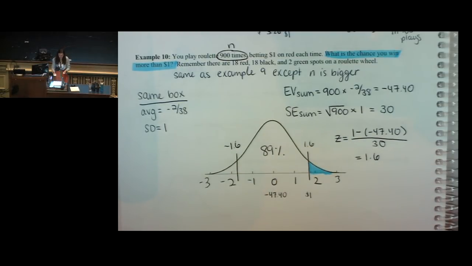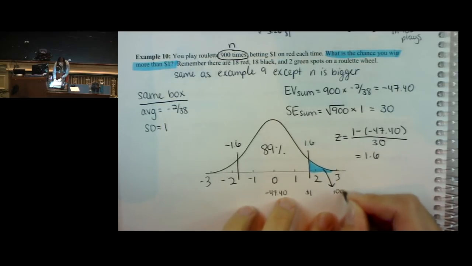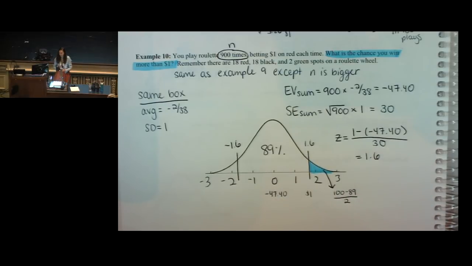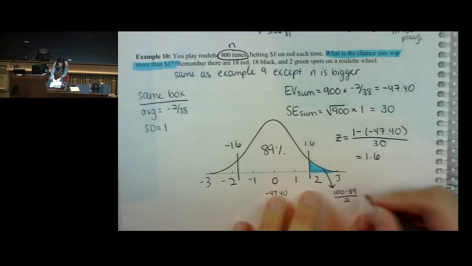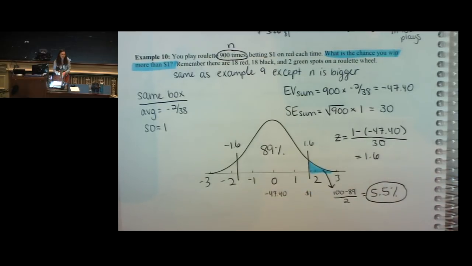And then the chance that I win more than $1, this shaded area, is 100 minus 89 divided by 2, which is 11 over 2, so 5.5%. So I guess the people that said decrease are correct.